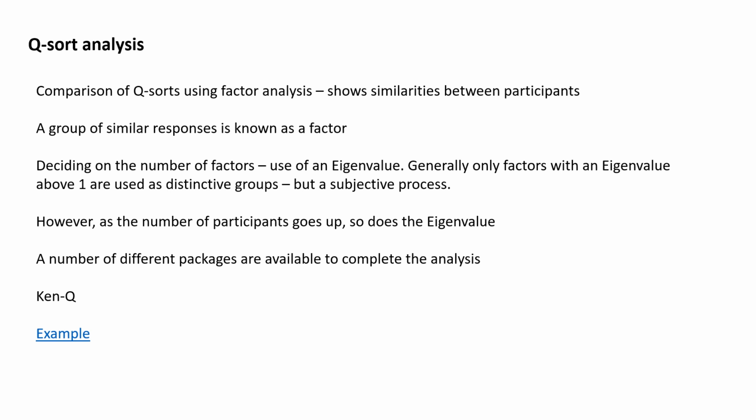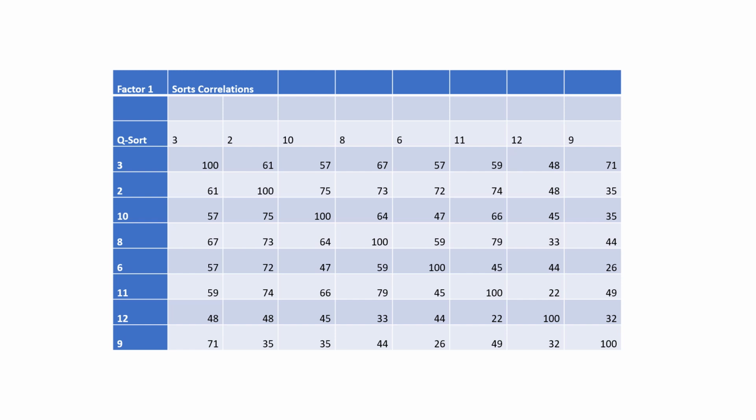To give you an idea of the kind of results that you get out of this, and again, hopefully these will make sense, but they'll make even more sense if you watch the accompanying video on how to use KenQ. One of the things that you get out of this is this idea of sort correlations. So this is the Q sort.